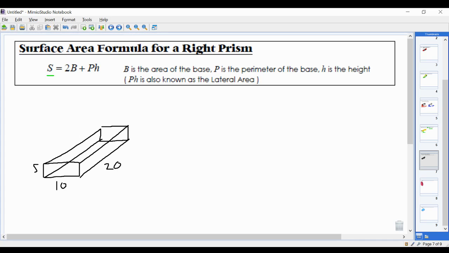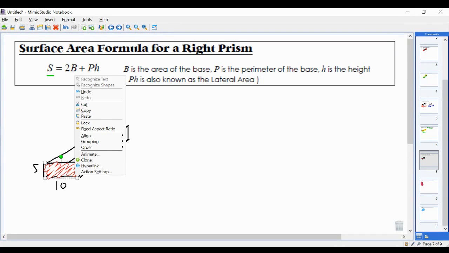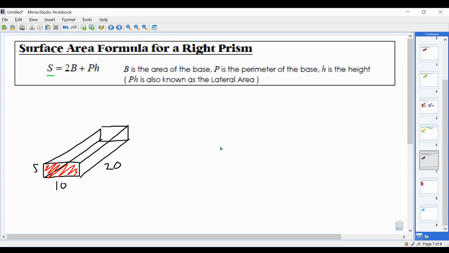So let's show that. B is the area of the base. There's our base area. P is the perimeter of the base. Let's show our perimeter. Our perimeter is the distance all the way around the base.